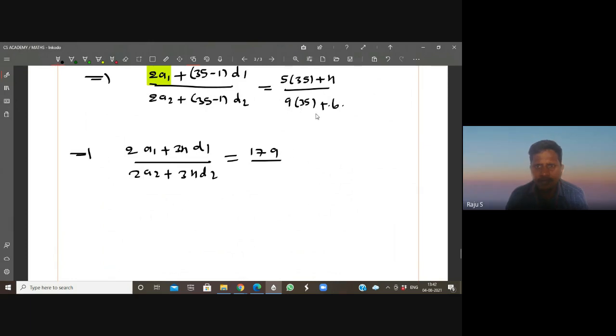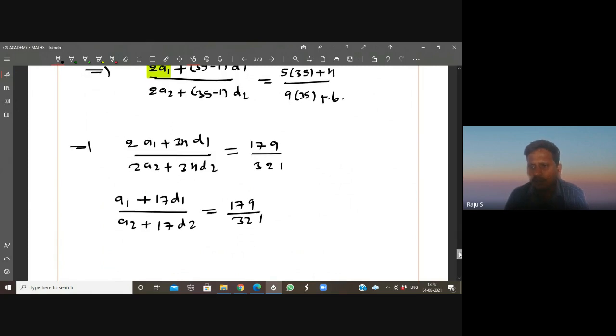Then downside 9 into 35 is 315 plus 6, 321. Take 2 common and cancel it. The left side is a1 plus 17 times d1 by a2 plus 17 times d2 is equal to 179 by 321. This is the ratio of the 18th term.